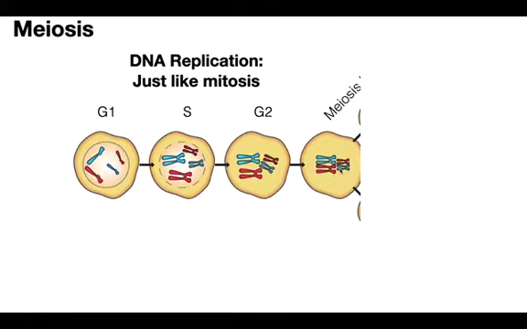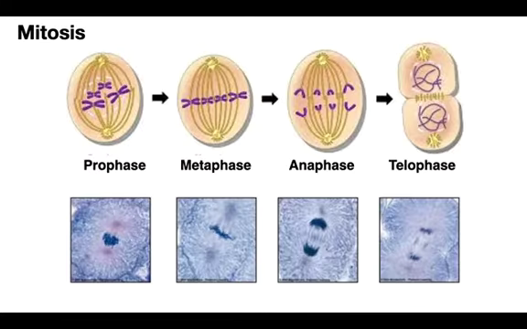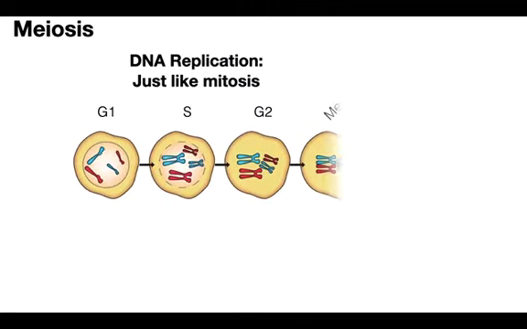Whereas in mitosis, we see all of the chromosomes lined up in a line down the middle, with one side of their sister chromatids facing, in this case, up, and the other side facing, let's call it down, so that they can be separated into an upside and a downside of identical cells. In meiosis, that alignment ends up getting messed up as these sister chromatids stick together with each other.